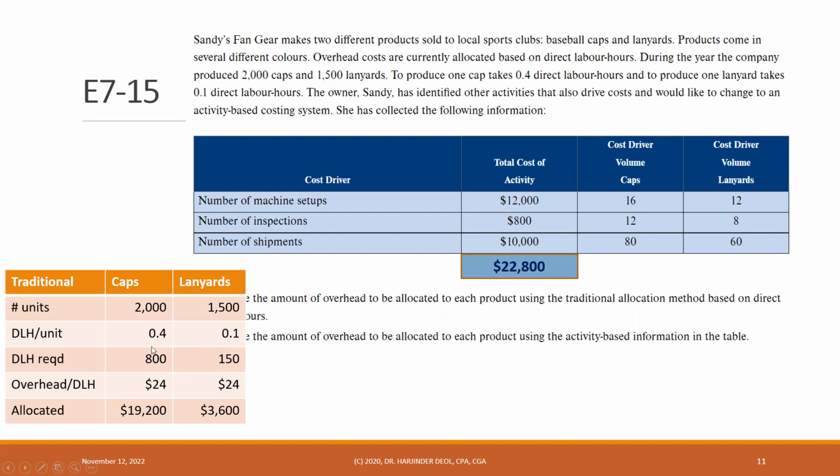For caps, it's 800 direct labor hours times $24, 19,200. For lanyard, it's 150 multiplied by 24, which is 3,600. And once again, the $24 was obtained by dividing the total overhead cost, 22,800, with 950 direct labor hours.